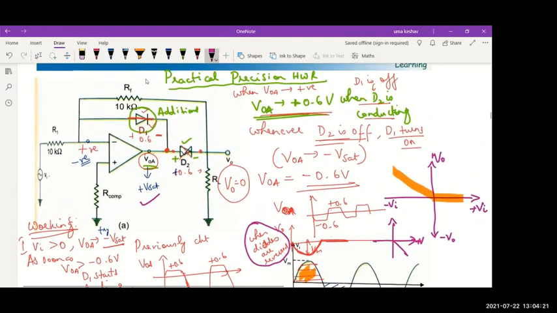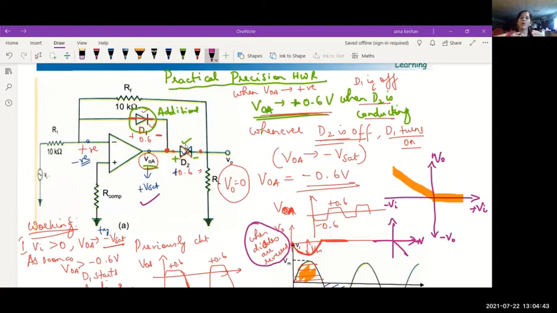Normally in a practical circuit, we'll use one additional diode to prevent what? To prevent the output from taking a long time varying between minus Vsat and plus 0.6 or something like that.